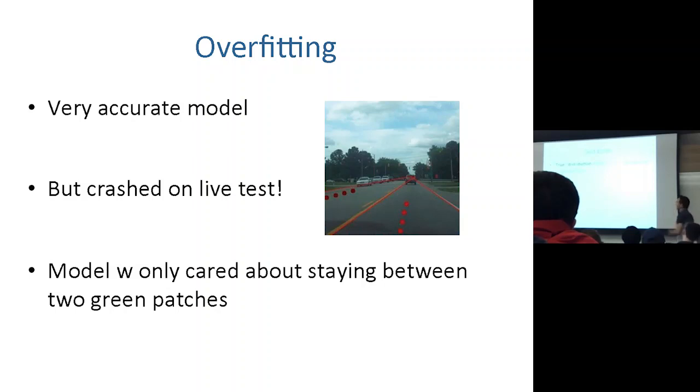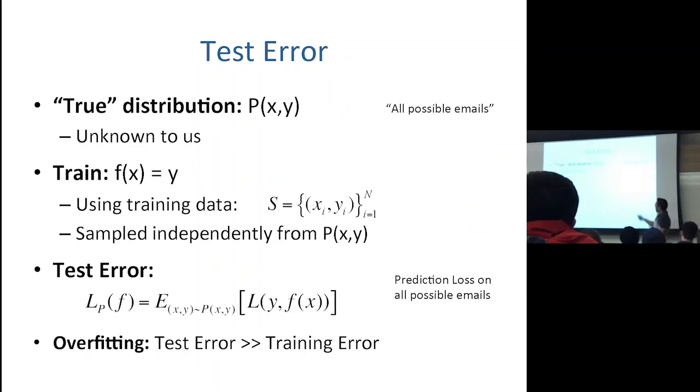So, a little bit more notation. In machine learning, we think about something called test error. What that means is there's some true distribution of x, y pairs. So, given this input instance, this is the correct prediction that you should make. And there's a distribution of that, unknown to us machine learning people, right? So x could be all possible emails, and y would be the labels, spam or not, that's kind of what this is.